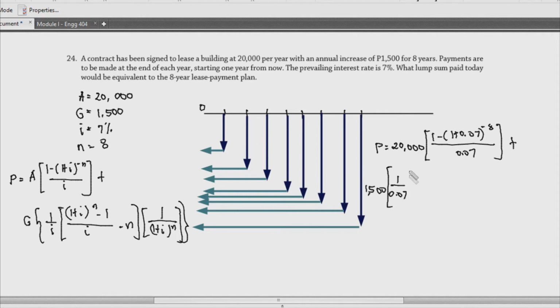Just follow the equation. Let me just use 1.07 to make it simpler. Then, this is 8. So, minus 1 over 0.07 and then minus 8, multiplying this with 1 over 1.07 raised to 8. Then we close this as a brace.